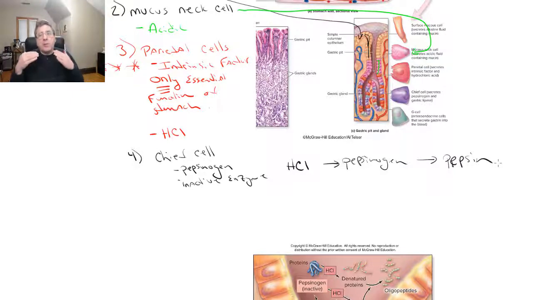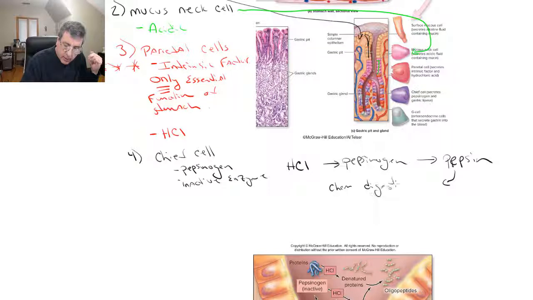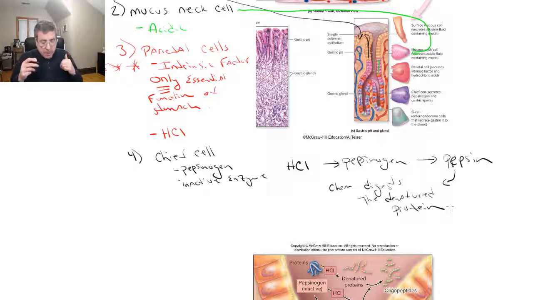And pepsin chemically digests the denatured protein. So let's go through that. Chief cells secrete pepsinogen, which is an inactive precursor to pepsin. Hydrochloric acid helps to convert it into pepsin. Pepsin then finishes the chemical digestion of protein.